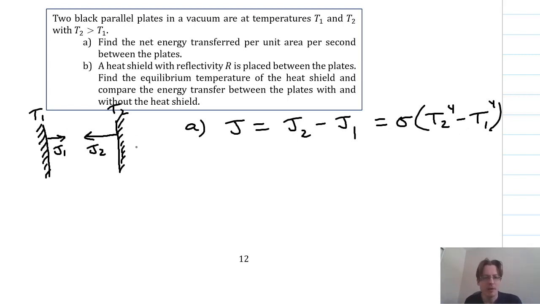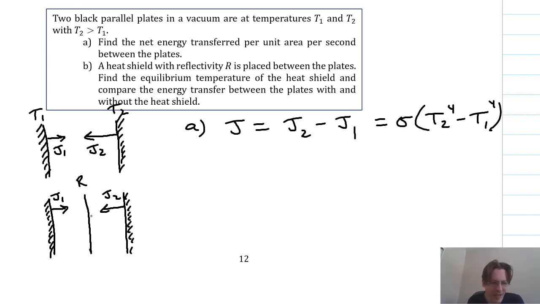Okay. Now, with the heat shield present, let's see how it changes. Now there are going to be reflections off the heat shield. This one still emits in the same way, J1. This one emits J2. But now we've got a reflective heat shield here.